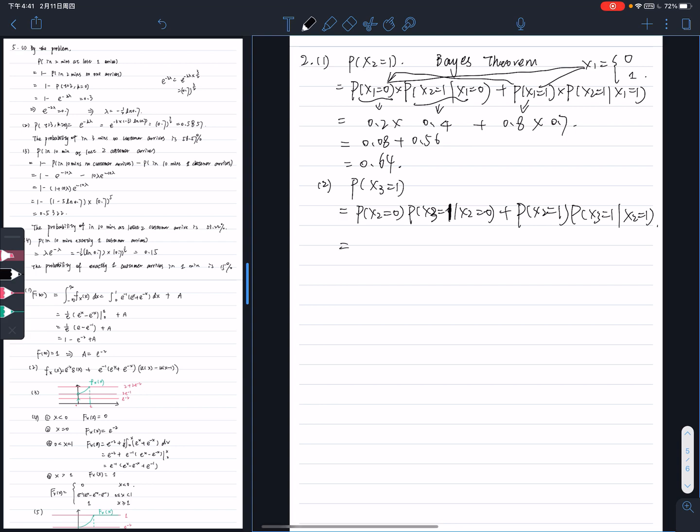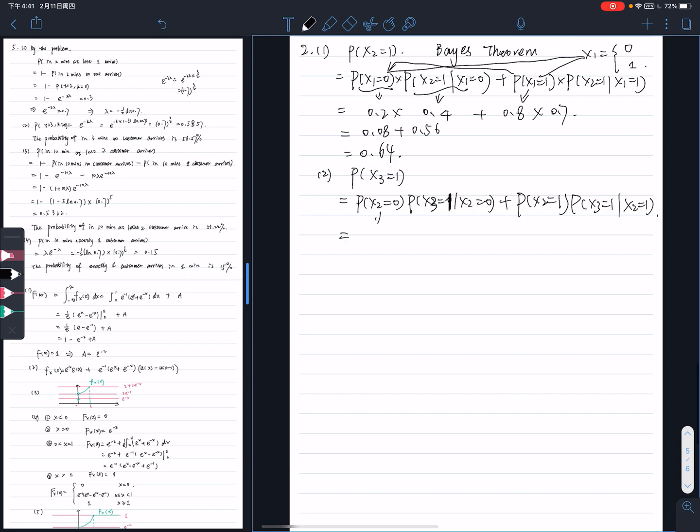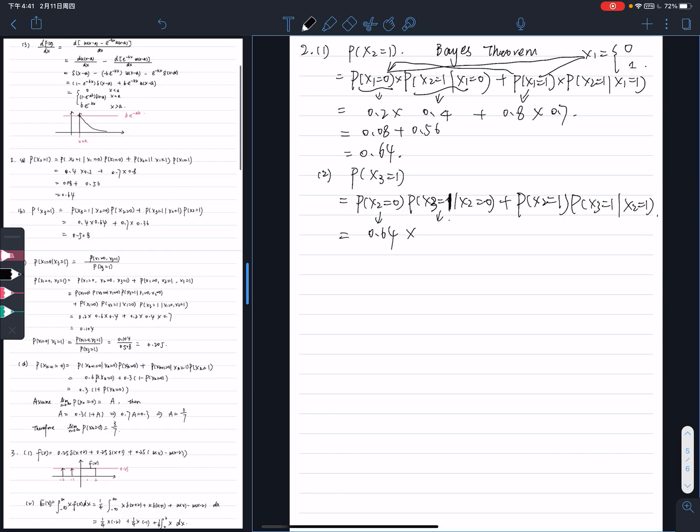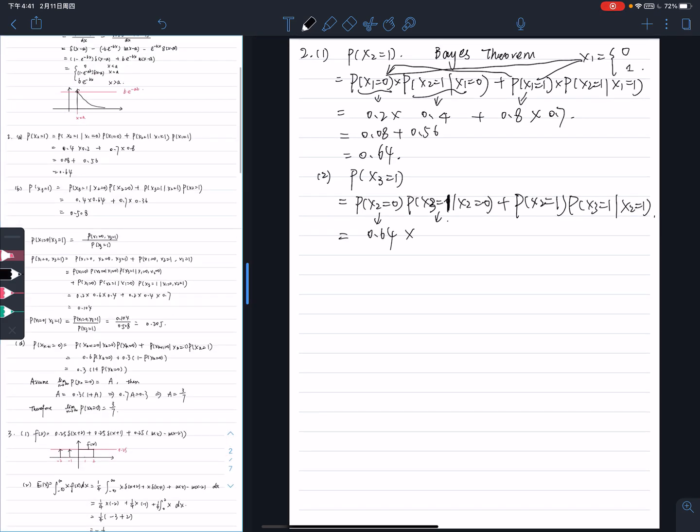From the conclusion of the first part, we know that this part is 0.64, and from the statement of the problem, we know that this part is 0.4.